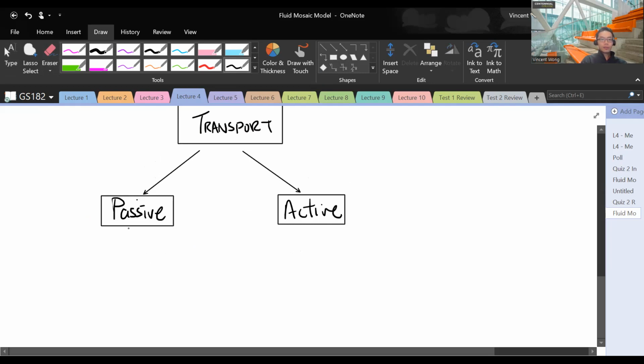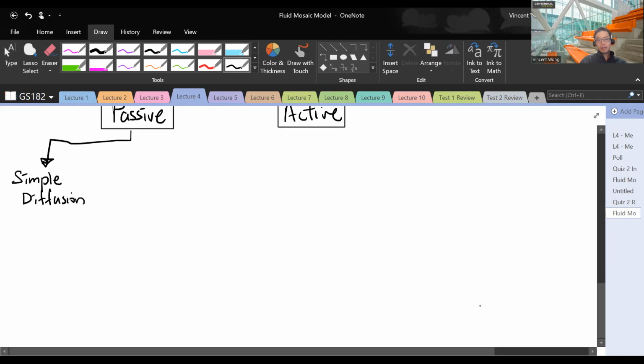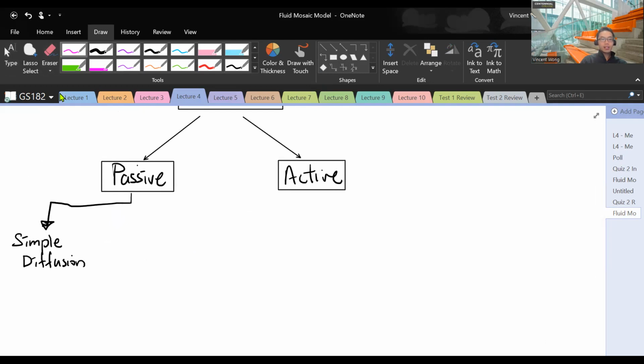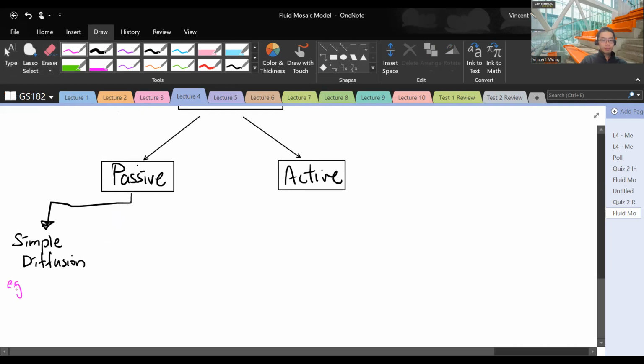Okay. So for passive transport, we have things like simple diffusion. Simple diffusion is best for small, non-polar, hydrophobic things.